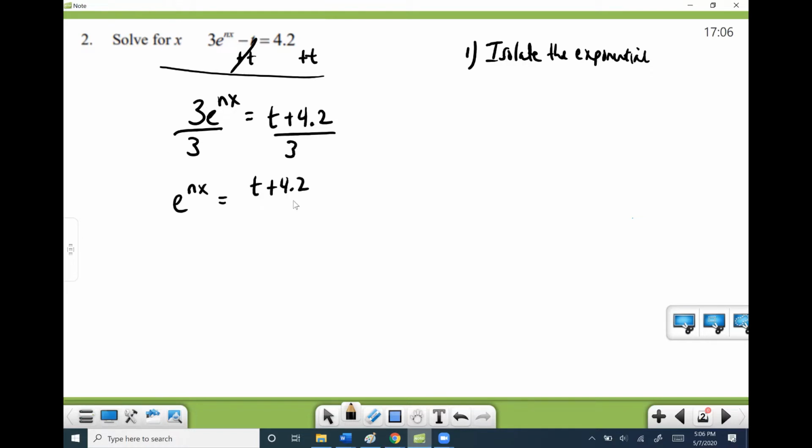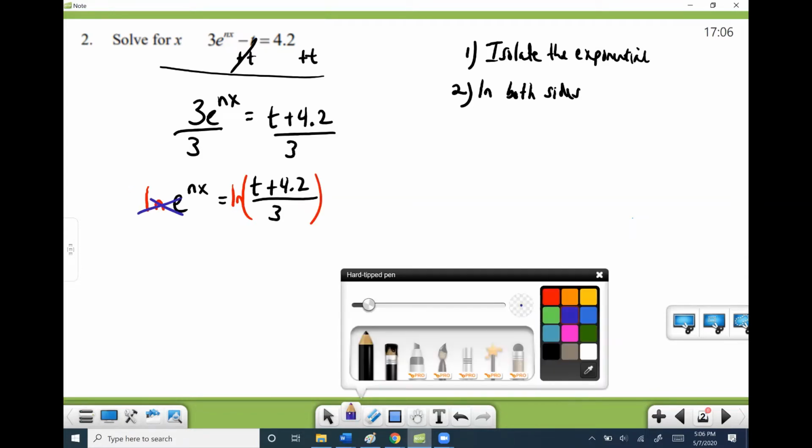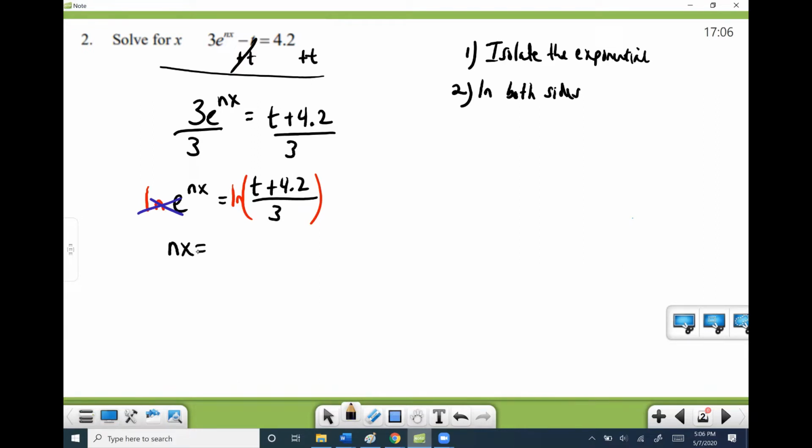So step 1, done. Step 2, log both sides. And we know natural log and e cancel each other out. So I will not have to use the power property on this one. But that's normally step 3.